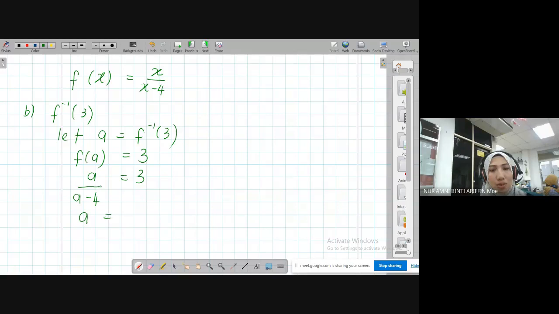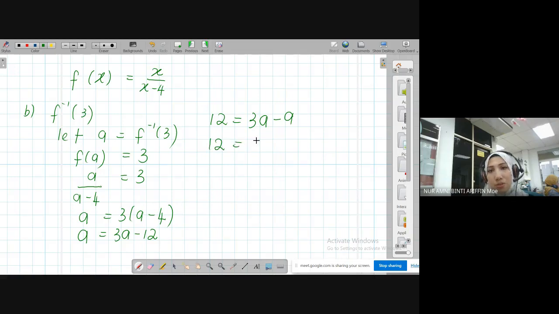So, A equal to 3(A minus 4). So, A equal to 3A minus 12. 12 equal to 3A minus A. 12 equal to 2A. A equal to 6. So, that f inverse of 3 equal to 6.